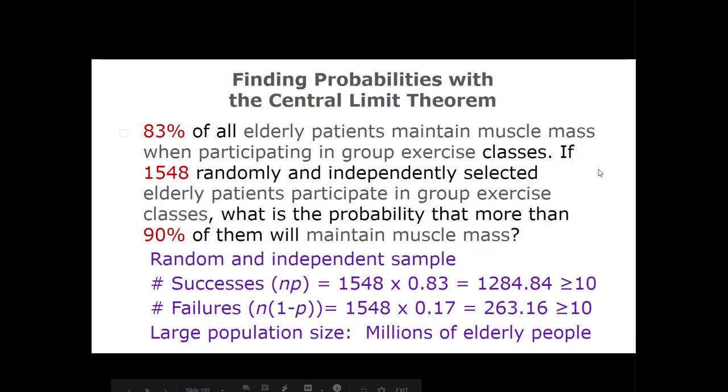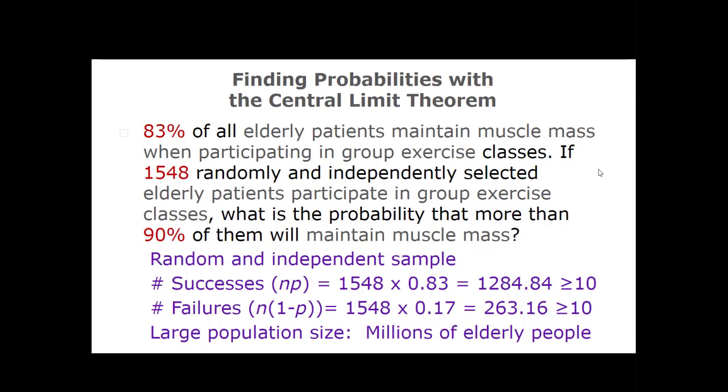Okay, so the first condition is that the sample has to be random and independently selected. It says in the problem itself that the sample was randomly and independently selected. So that condition is met. Next, we're going to check that the sample size is large enough, and we're going to check for successes and for failures.